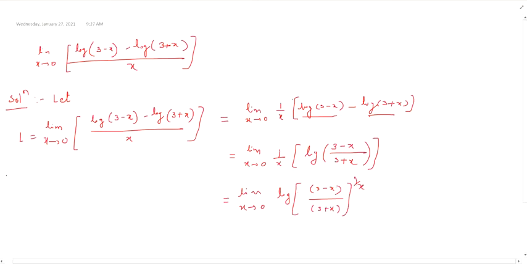And again, if you solve this example, take 3 outside the bracket, and then multiply by the opposite term, that is x by 3, then you can solve the same example.